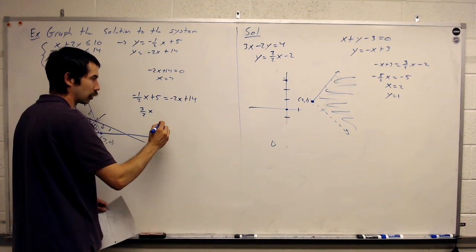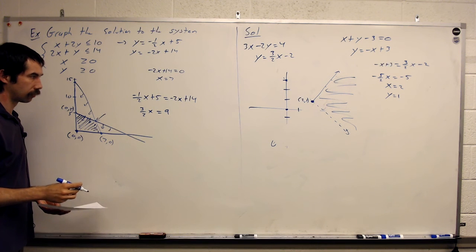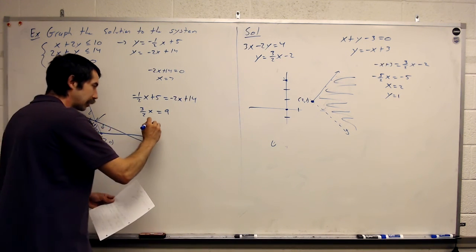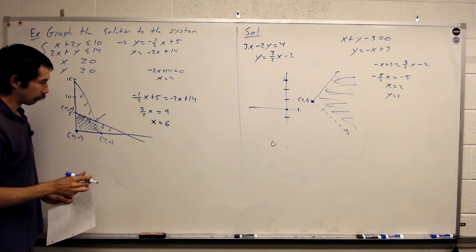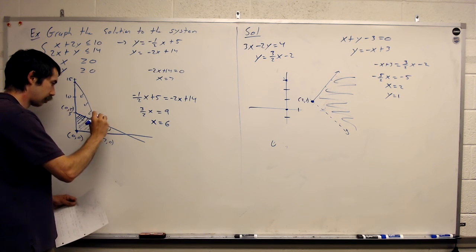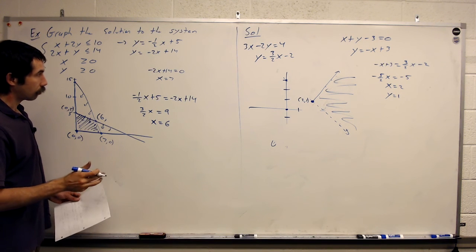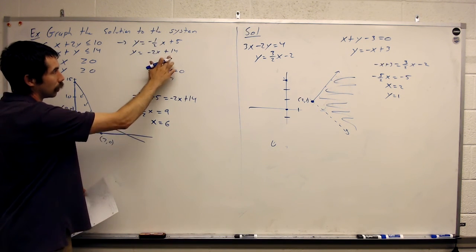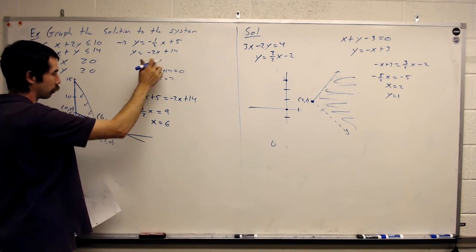And subtract over the 5, equals 9. And now getting x by itself, we get x equals 6. All right, so the x component of this point is 6. And to get the y component, we sub it into either one of these equations. So subbing it into here, we get negative 12 plus 14, 2.